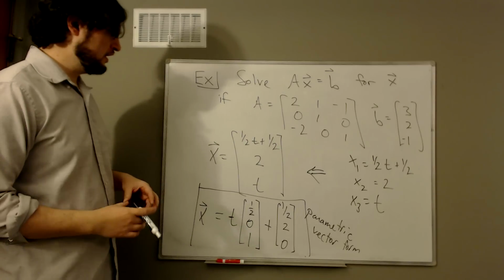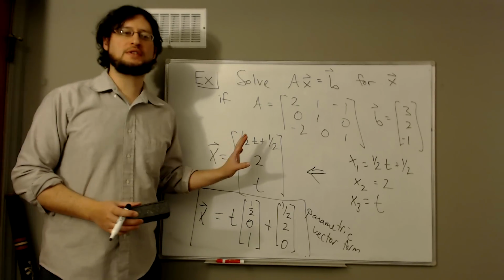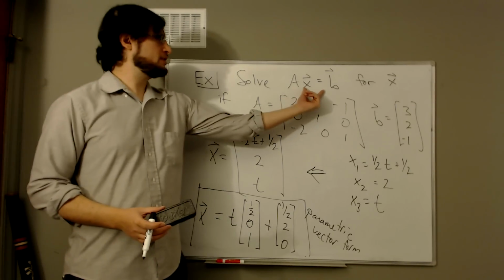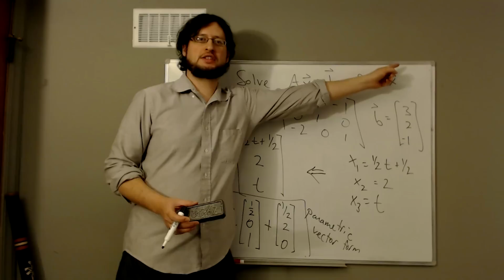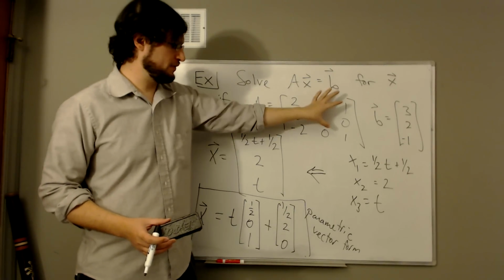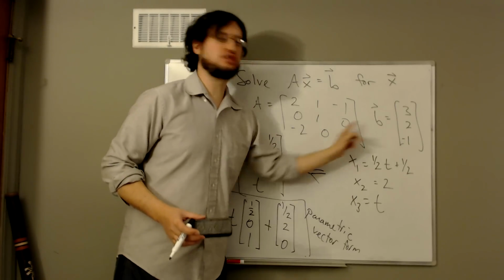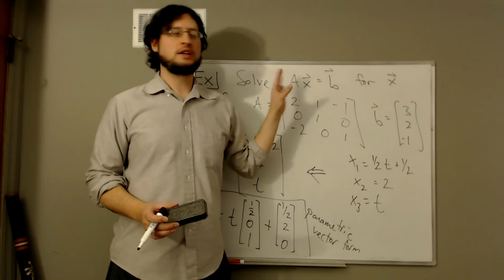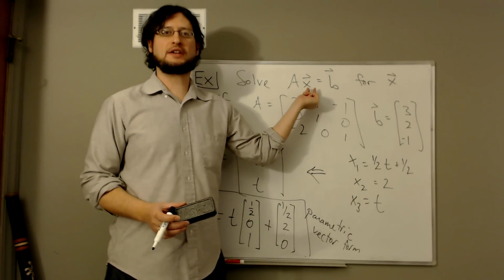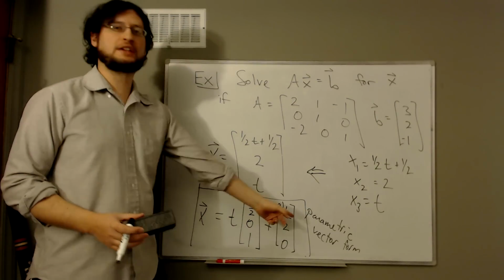But notice, there's really nothing too different about what we've done here. We started with this equation, said solve for the vector x, but that really comes down to solving a system of equations rather than writing it in the general form from before. Since our question was a question about vectors, we write our answer as a vector.